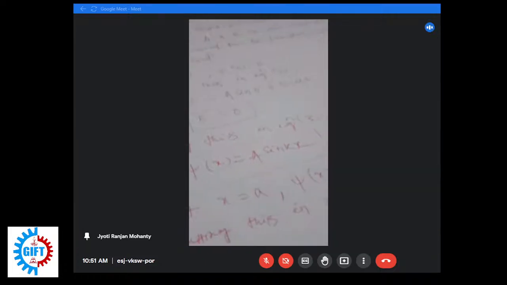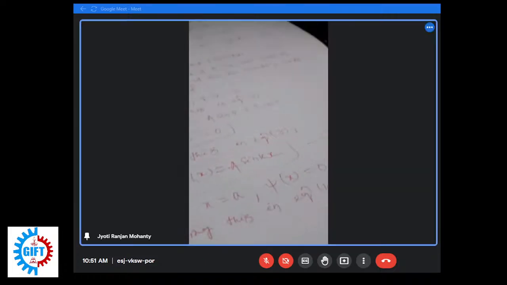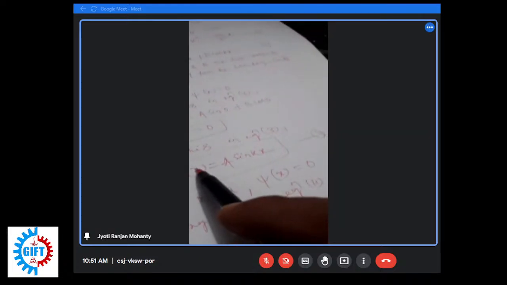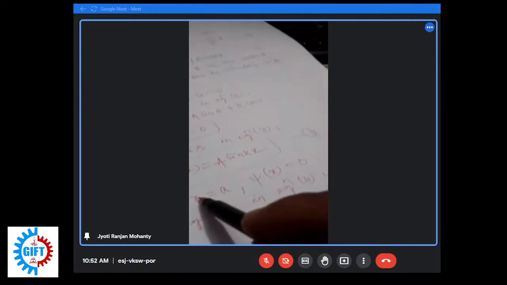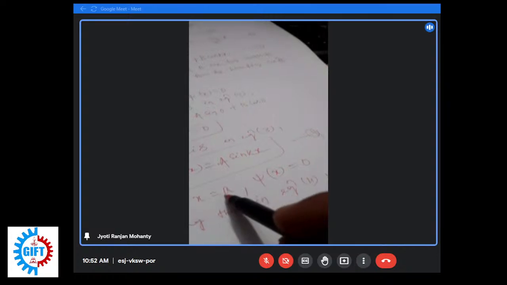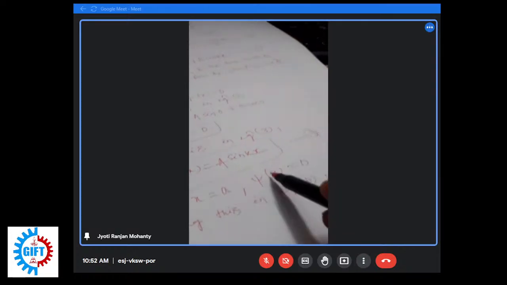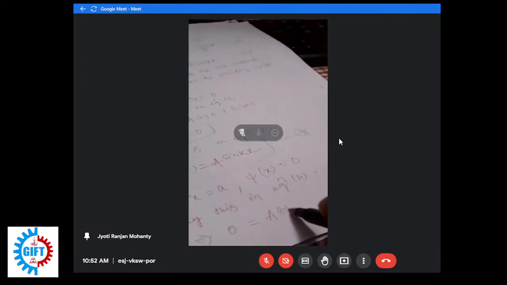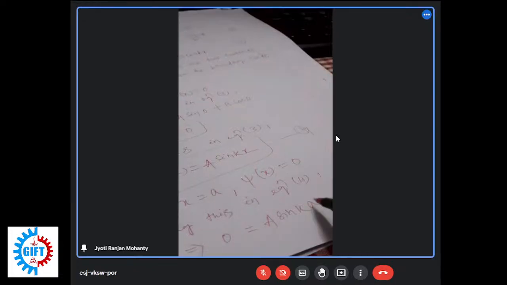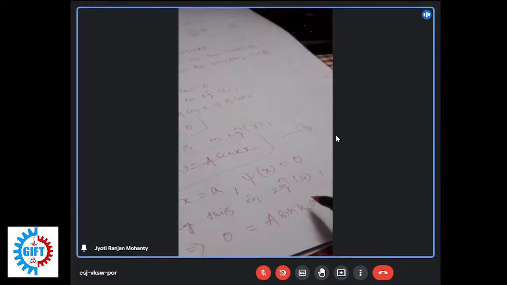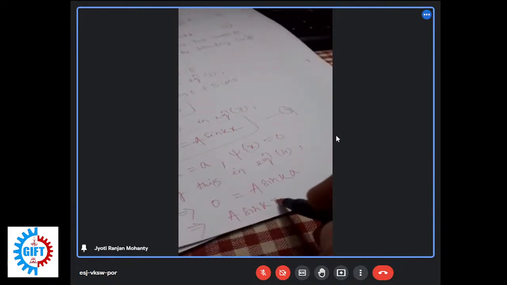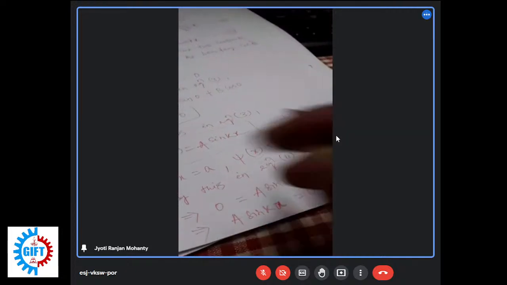Psi of a is equal to A sin ka, since in equation 4 I have to write a instead of x. But the second boundary condition said that psi x is equal to 0. So 0 is equal to A sin ka, which implies A sin ka is equal to 0.